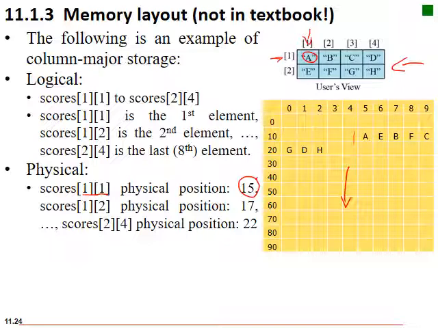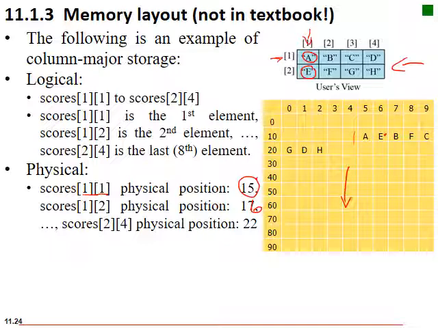So scores 1, 2 would now be that. In other words, column first, row second. That's now an E. That's why the E is now stored at physical position, sorry, that's 16, not 17. All right, and so we continue.